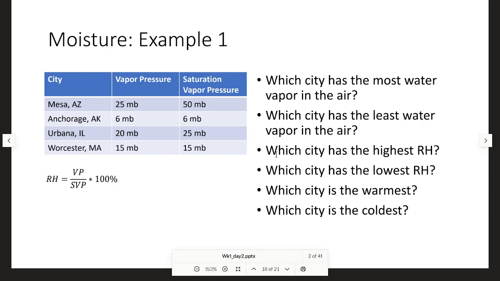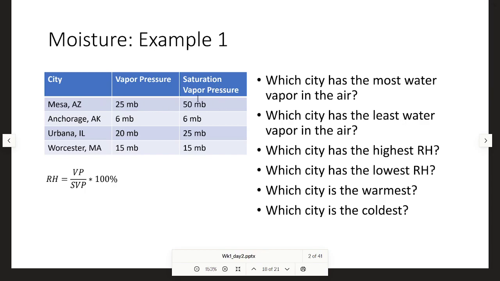Highest relative humidity, we are going to say Anchorage and Worcester. They're both at 100% relative humidity. Lowest is Mesa, Arizona, because it's only at 50%. Which city is the warmest? Temperature increases the saturation vapor pressure, so whichever one has the highest saturation vapor pressure is going to be the warmest.